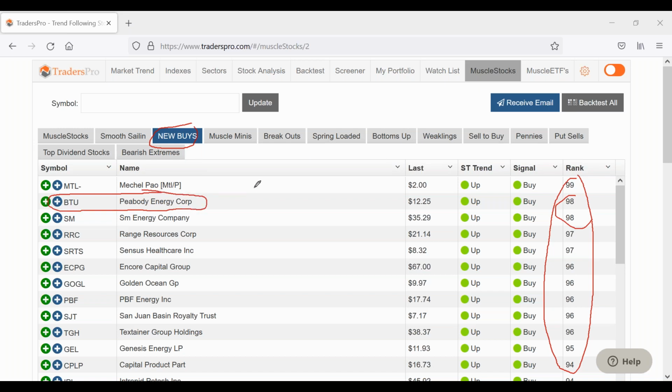I have just a tough time putting money into coal, although we're going to be using coal for still a long time because so much of our power grid is based on coal. But I just don't see the long term, because so much of the push is to change to alternative energies. I always have a tough time with coal.